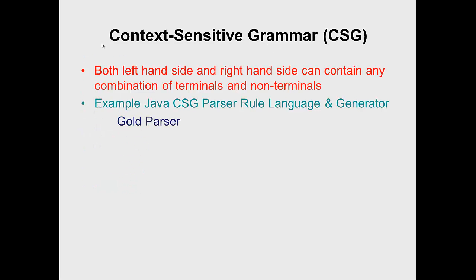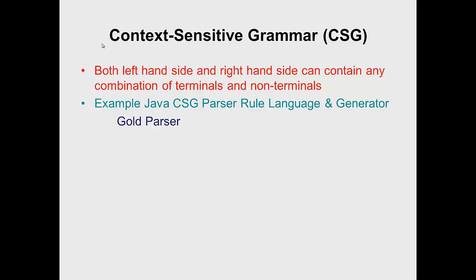Context-sensitive grammar is a little bit wider. It's a superset of CFG, where both the left-hand side and right-hand side can contain any combination of terminals and non-terminals.